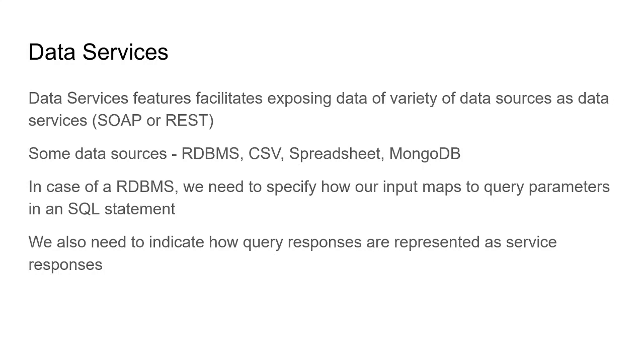That's because in relational database management systems, you fetch details using SQL statements, right? So you execute SQL statements, and those SQL statements may have input parameters that you need to supply from an external source, such as a REST query parameter or something similar, right? Or maybe you extract it from a payload within a SOAP format and so forth.